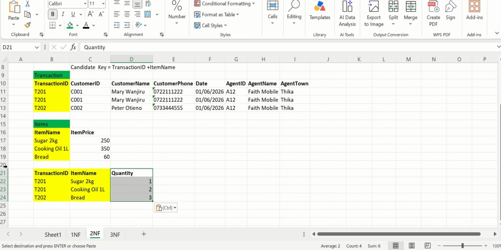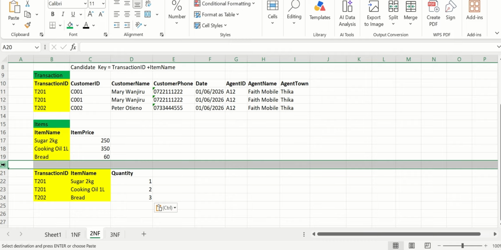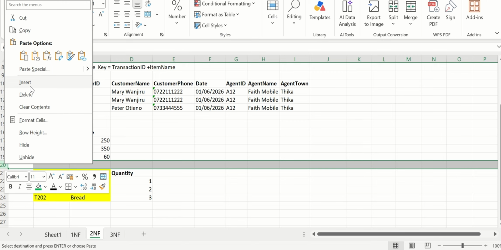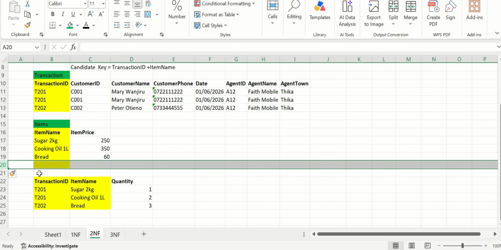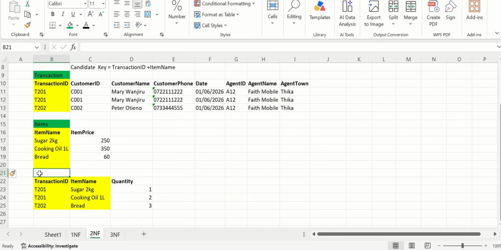Let's call this one, since it's a combination of transaction and item, we can just call it the transaction item table. Transaction items, something like that.